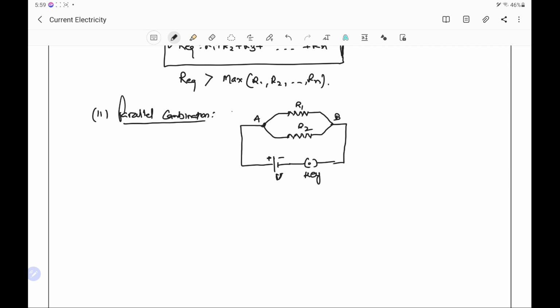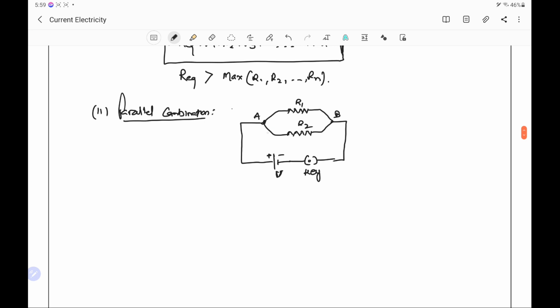Now in this parallel combination, both resistors are connected across A and B, and across A and B, the cell of EMF V is connected.